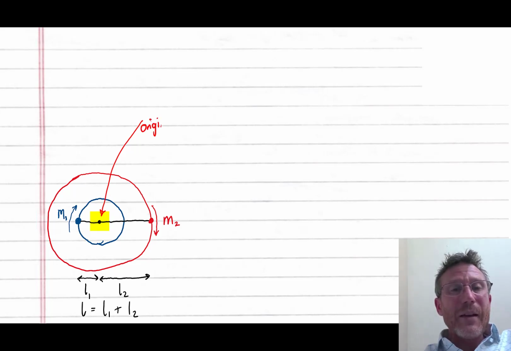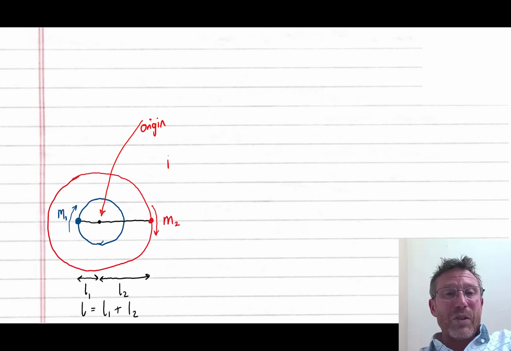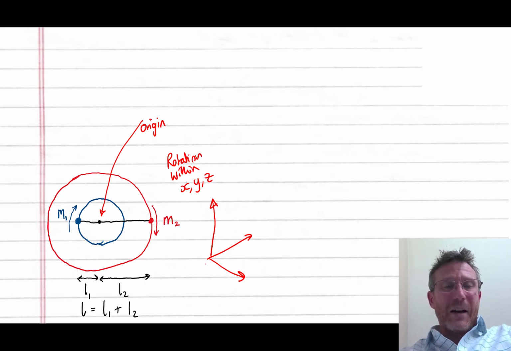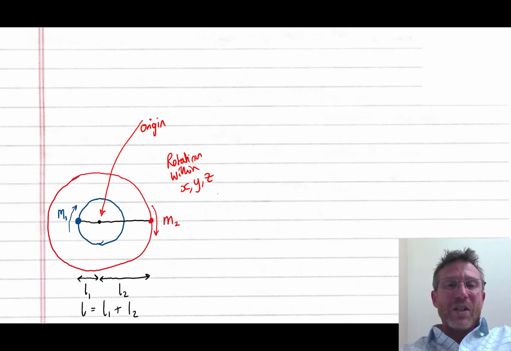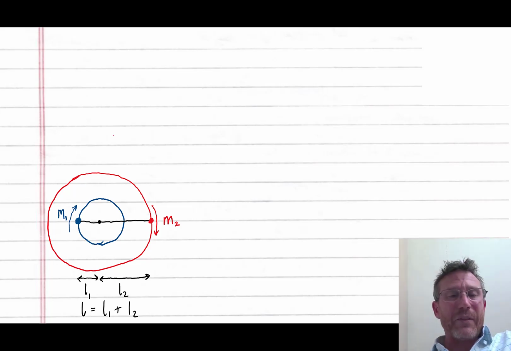And another thing is that even though this looks like a rotation within the plane of the paper, we've actually got a rotation within an x, y, and z set of axes, right? So there's a three-dimensional look to this, and I'm going to stick with the diagram on the left-hand side for the time being, because it demonstrates a couple of key points.